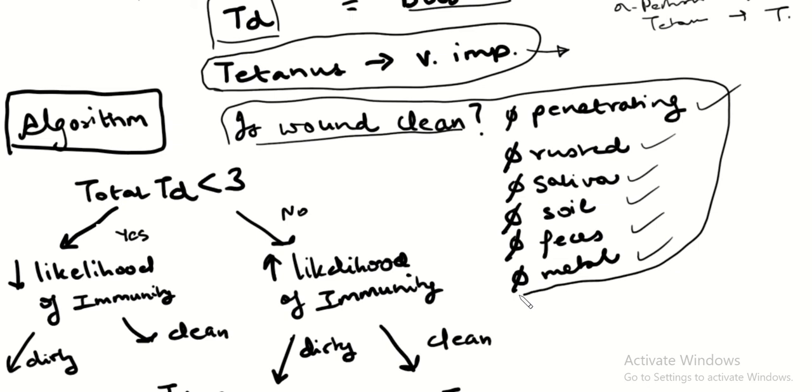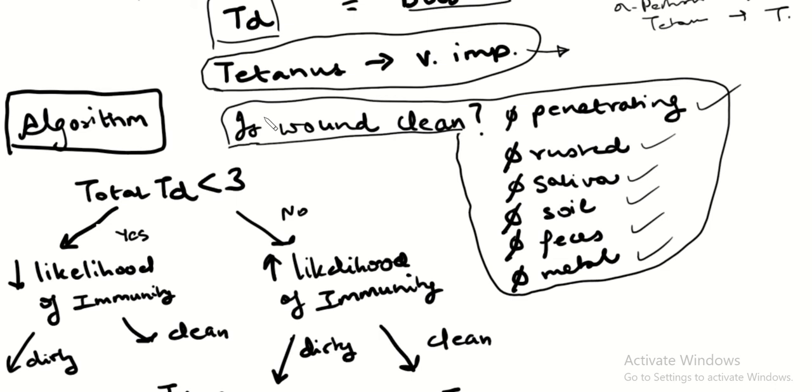So here's my take on this. There is a very, very narrow definition of a wound that's clean. So the wound that's clean is not penetrating, not caused by an object which had rust on it, saliva, was contaminated with soil, feces, and was caused by metal. Okay.